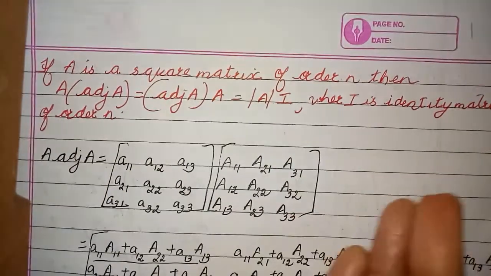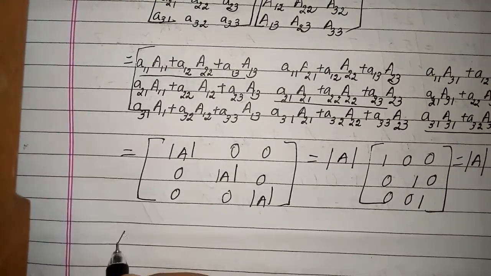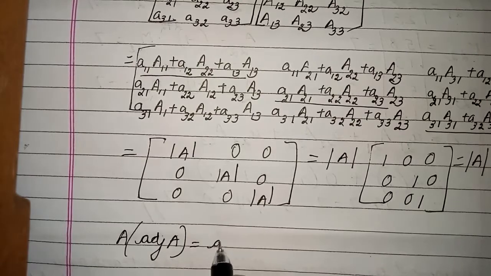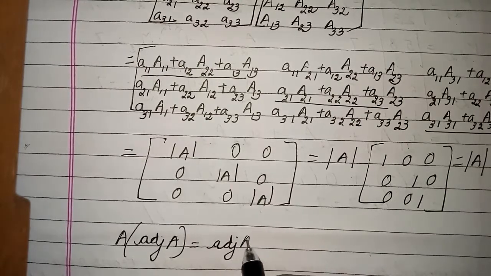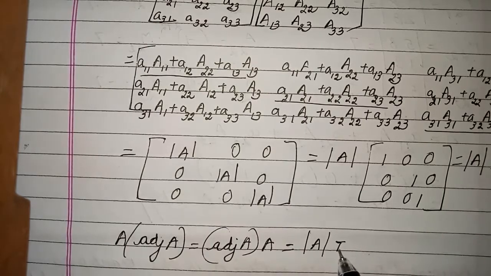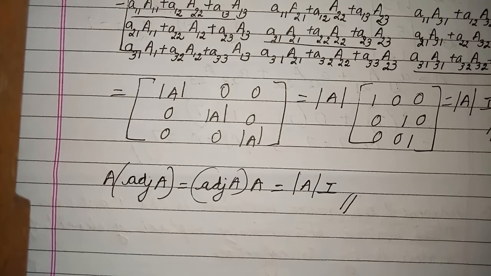Similarly, children, the other way around also, if I do, you can get determinant of A into I. So I am not proving it. So it's understood. A into adjoint of A is adjoint of A into A is equal to determinant of A into I. Just remember this property, okay? We are going to use this. Even though it's a theorem, we are going to use it in some situations.